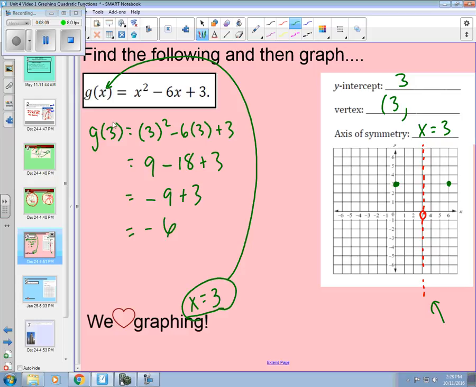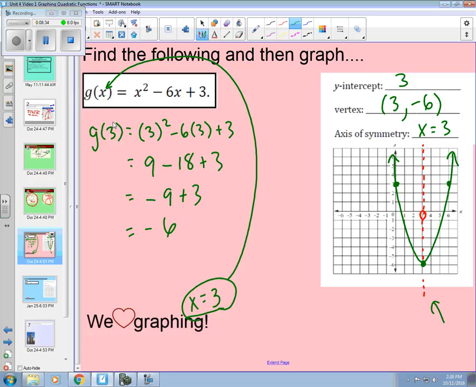So that tells us the location of the vertex is at 3, -6. Right there. So this now is what our parabola should look like. If we connect these, we get that U-shape that we had talked about before. And that's what this parabola looks like.